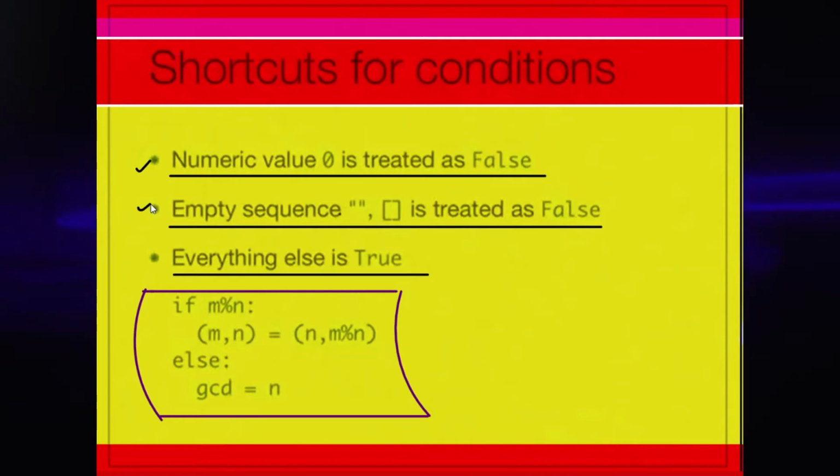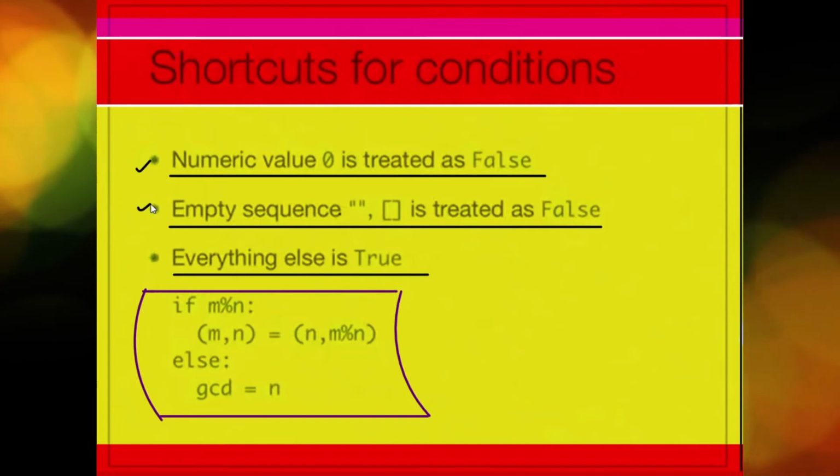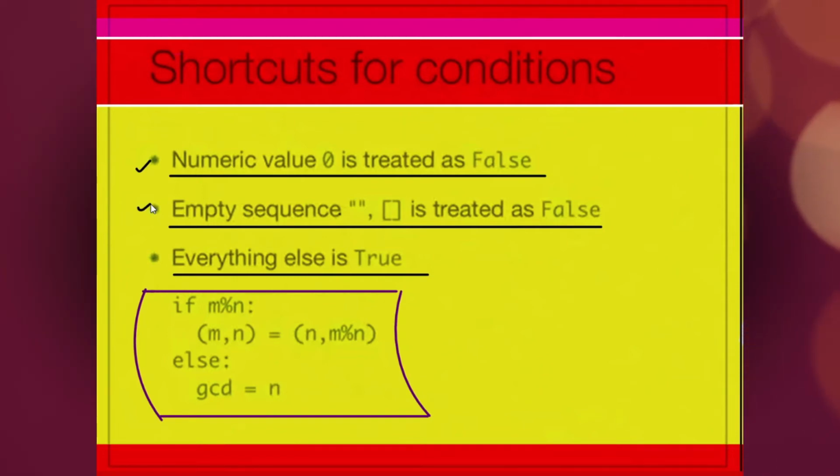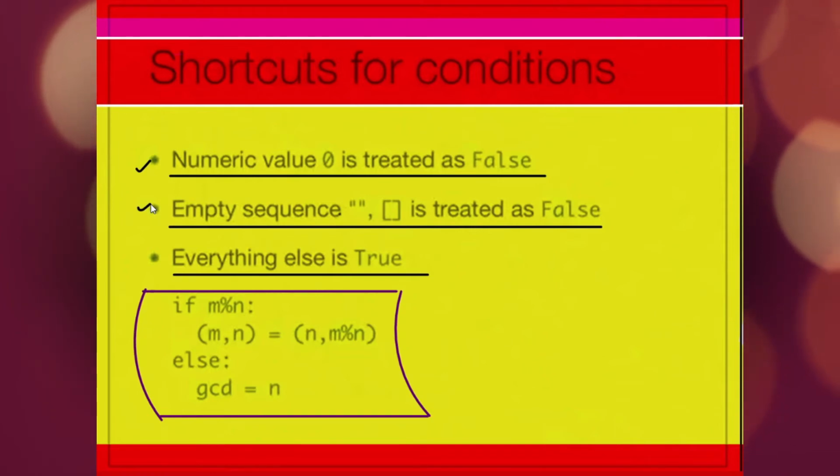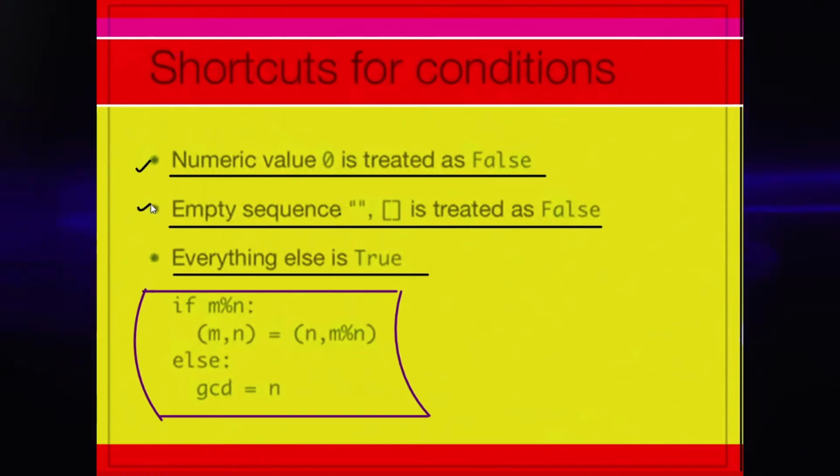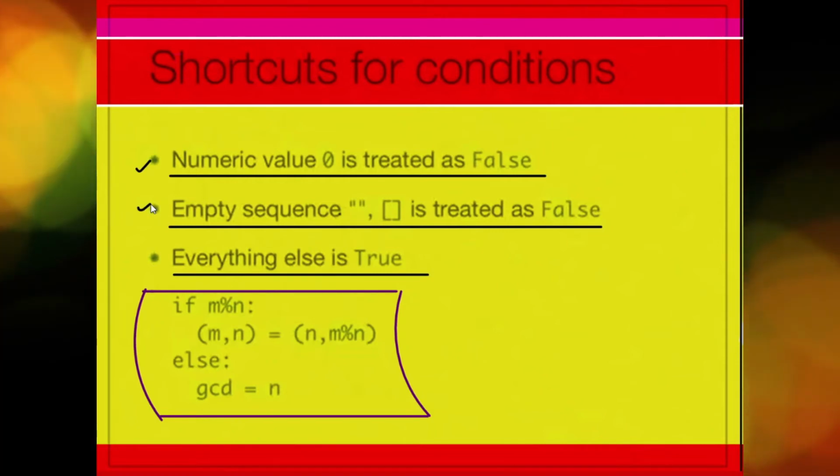So let's see this program again. In this, I have simply removed not equals to 0. The logic I have written will simply mean that. I have not written any equals to sign, I have not given any square brackets or empty sequences, and I have not even given the 0.